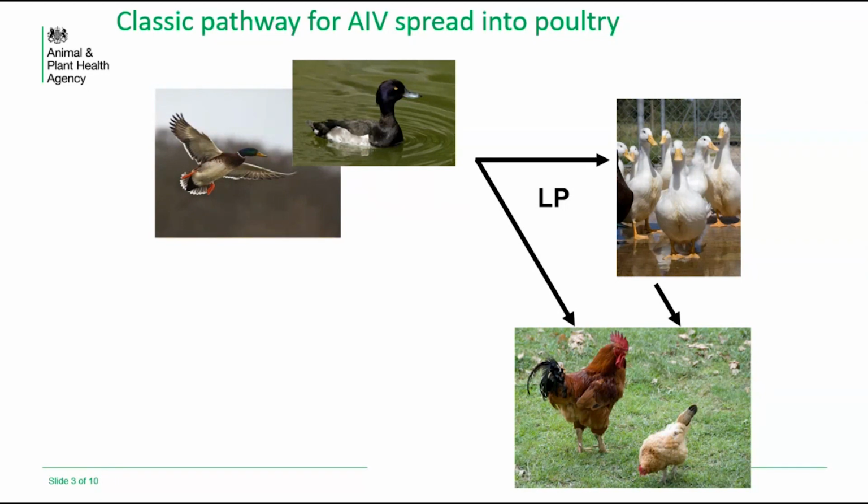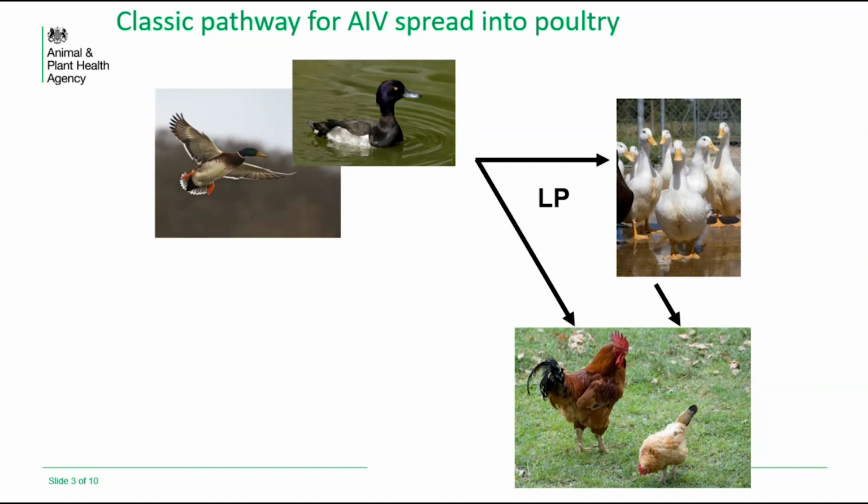This does include all the non-notifiable subtypes, which even though it's not a primary concern for policy, nevertheless, they can be problematic to industry. We have had economically damaging H4 and H6 outbreaks in the UK within the last decade.